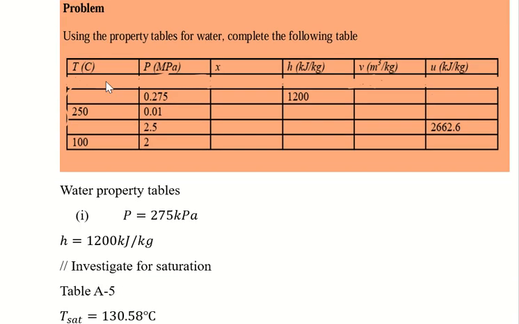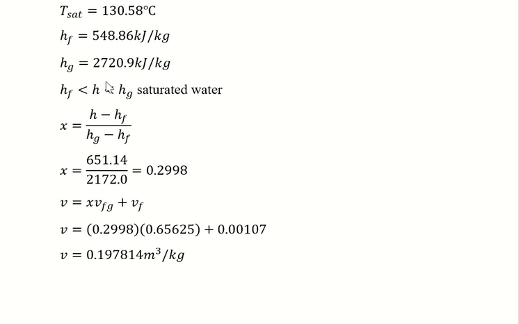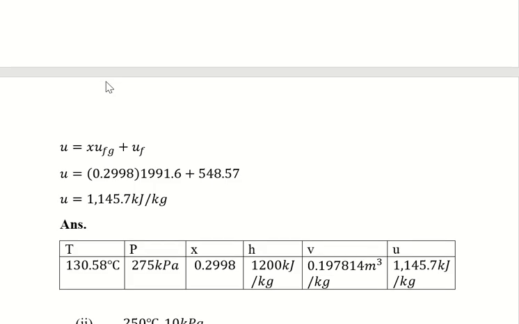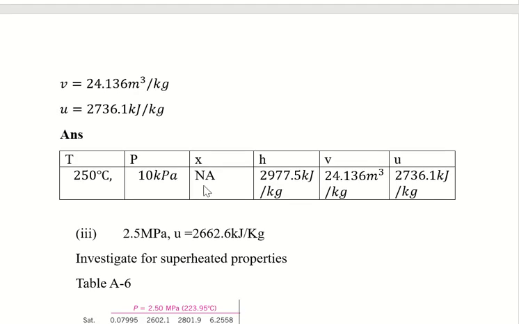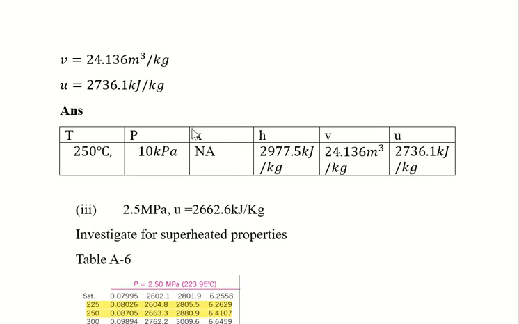The reason is stated properly in one of the videos where we extracted the actual meaning of the quality concept. That's why in our answer we have quality not applicable, because we talk about superheated vapor. So you have to note that.